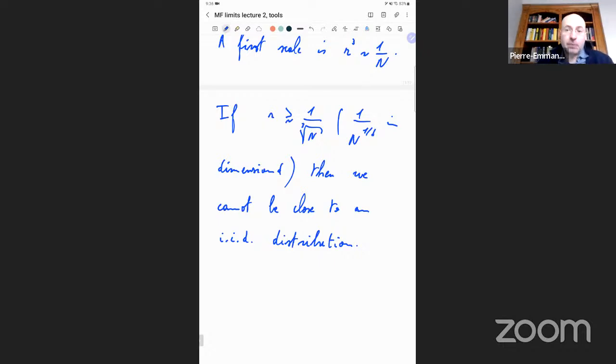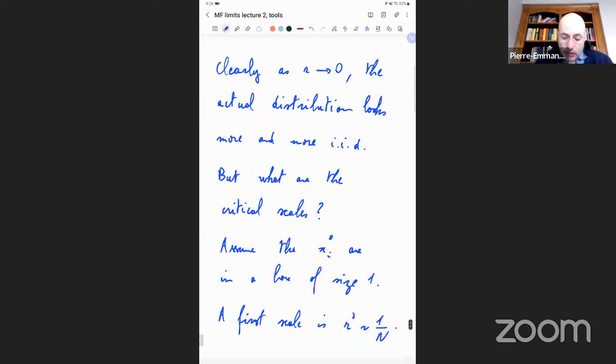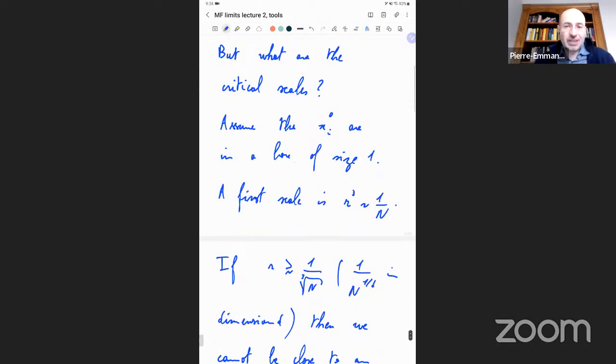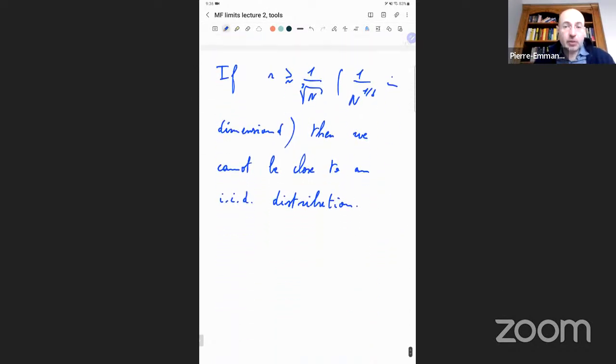Now, if you're much below that, then the distribution that you would get by making sure that they are away would still reasonably look IID, but maybe it will fail for a few pairs of particles. So you would still have some sort of vague correlation. So another way of formulating the question is to say, let me take an IID distribution, right? What's the typical minimal distance between two particles?